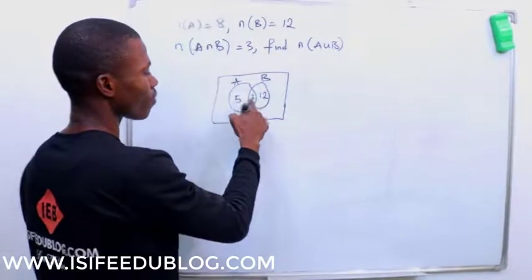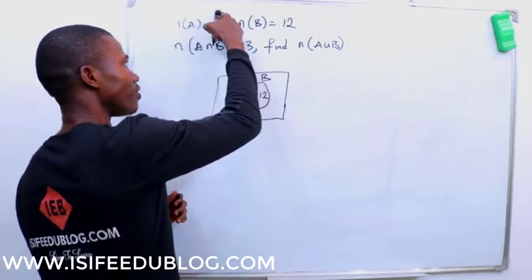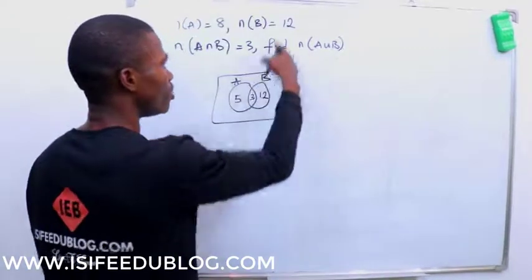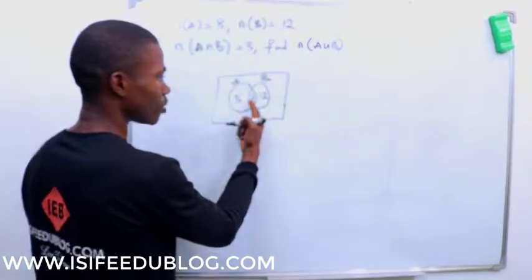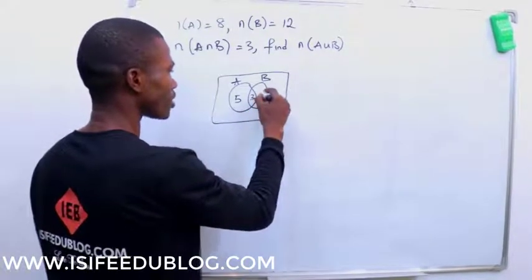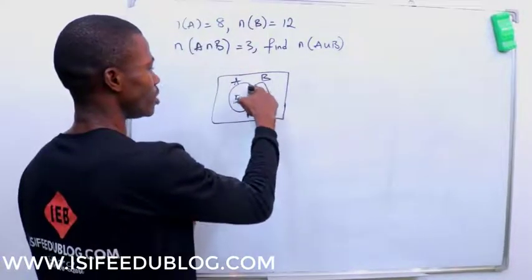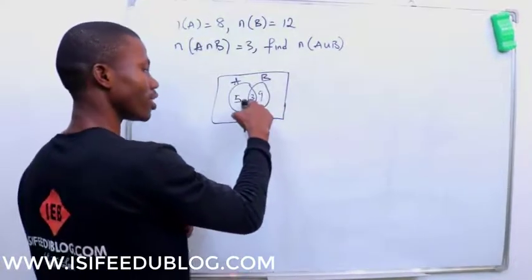So that 5 plus 3 will give you the total number of elements in A, that is 8. B is 12, but 3 is here already, so we have to deduct 3 from this 12, making it 9, so that the total sum of every element in B will be 12: 3 plus 9.